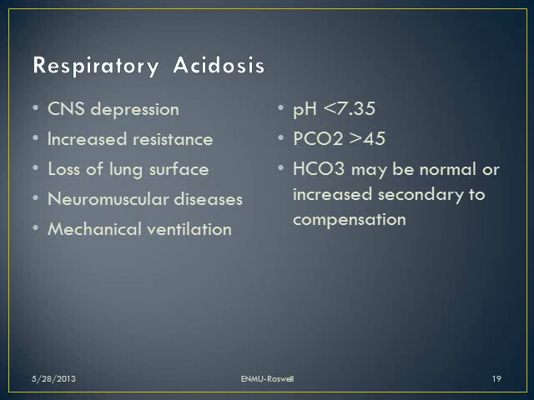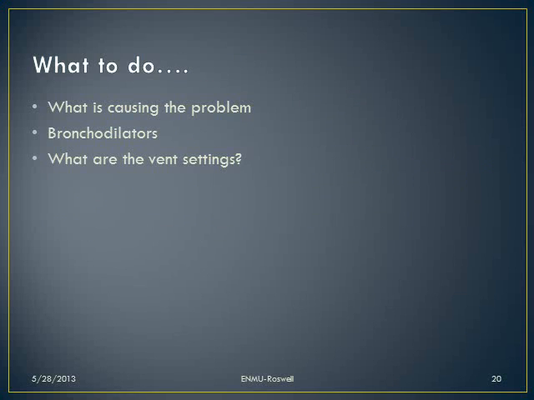Neuromuscular disease, things such as myasthenia gravis, Gehrig's disease, whatever can potentially impact the diaphragm will cause problems, and mechanical ventilation. We're breathing for them too fast, or we're breathing for them too slow. That's a very hard thing to tweak on the ventilator, making sure that the ventilatory rate is appropriate. Okay, so that's respiratory acidosis.